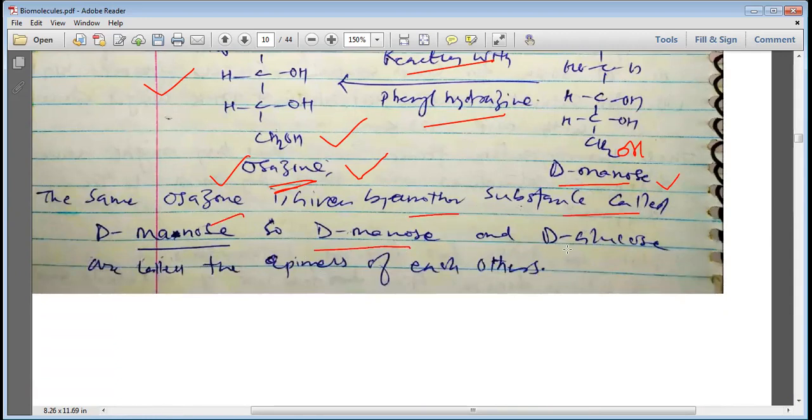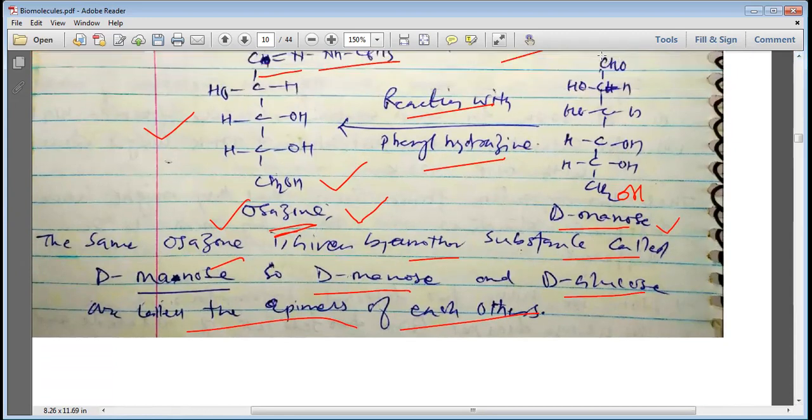So D-mannose and D-glucose are called epimers of each other, whereas alpha-D-glucose and beta-D-glucose are called anomers of each other.